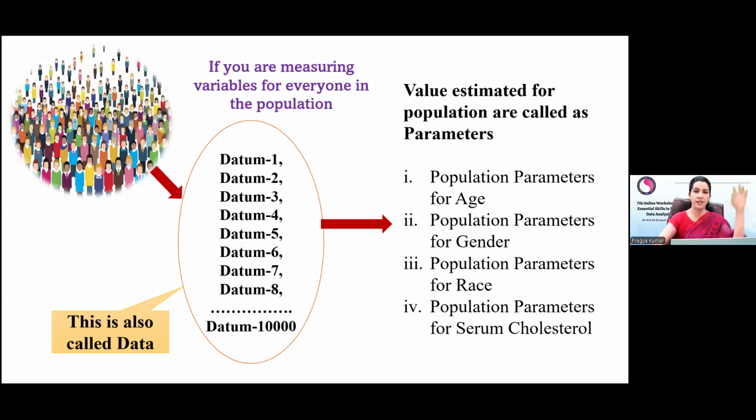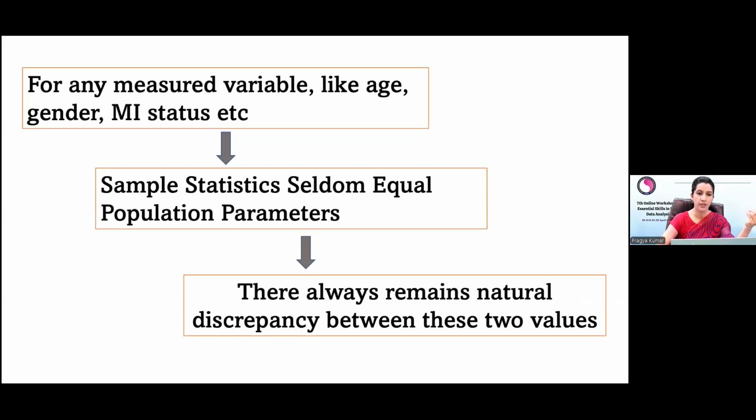So if you measure everyone in the population, you've got population parameters for age, for race, for gender, for history of cardiovascular disease, and for serum cholesterol. For any measured variable like age, gender, or MI, normally your sample statistics will never be equal to your population parameters.